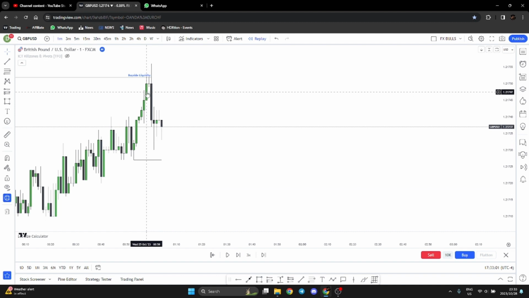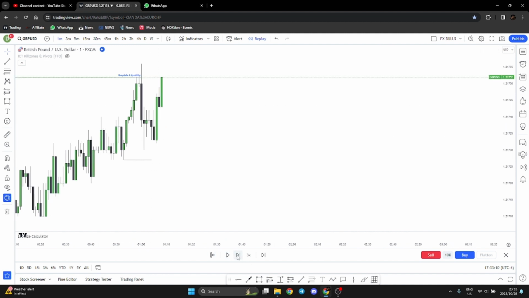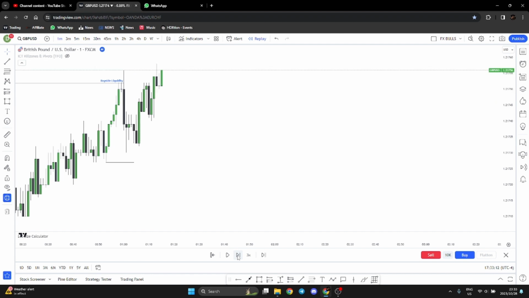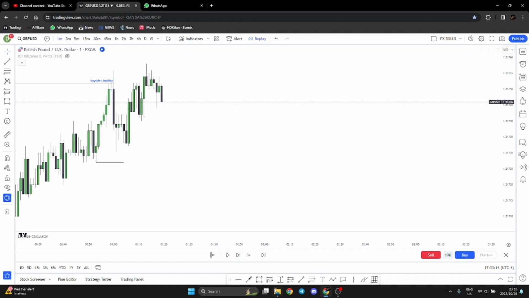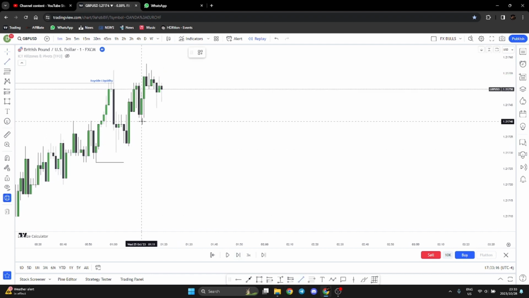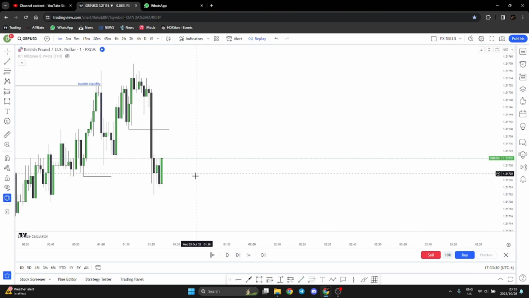You could have entered sells here, but remember what I said with the example earlier. We want a low or high to be taken out. So the new low that I'll be looking at is this one, right there.